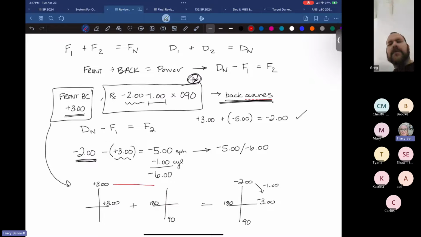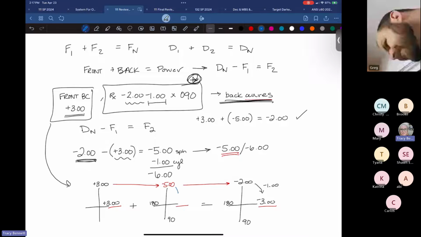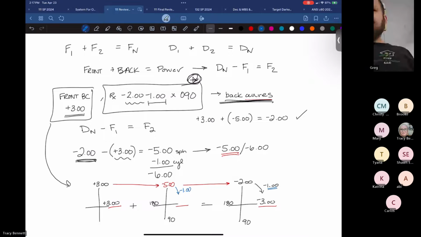So a +3 plus what is going to give us that -2. And yes, that -5 worked out. So -5 here. And you could either hop across here and say, well, the +3 plus what is going to give me -3. Or you could just know that we need to create a -1, right?